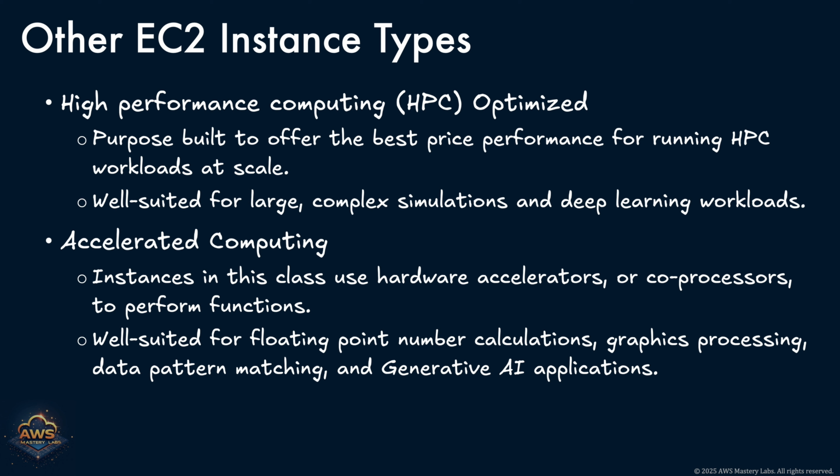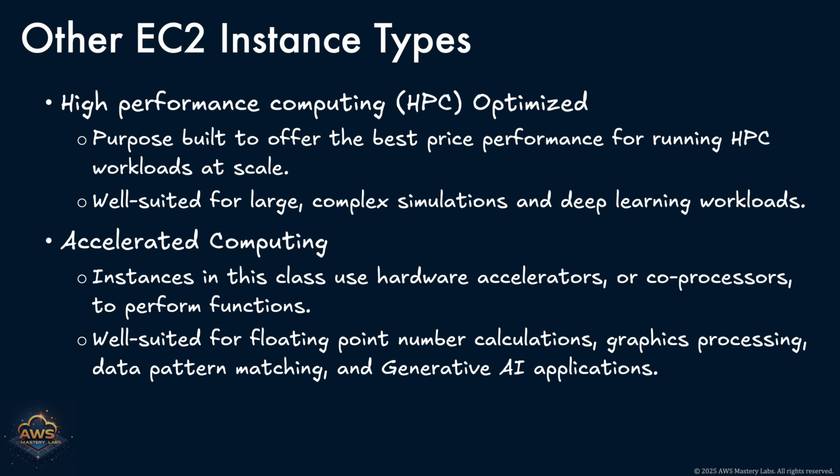This makes accelerated computing instances an excellent choice for workloads like machine learning training and inference, 3D rendering, video transcoding, genomics, and real-time analytics. By offloading complex parallel computations to dedicated accelerators, these instances not only deliver significant performance improvements, but also improve cost efficiency by reducing overall execution time.